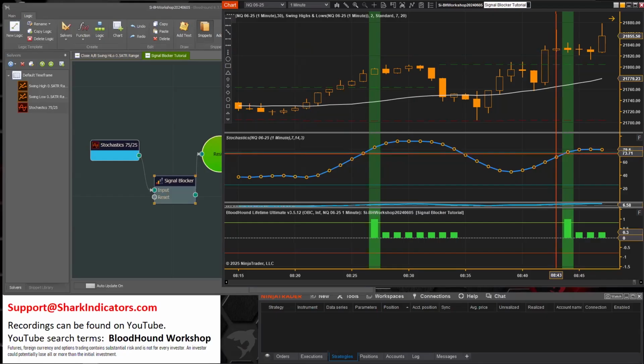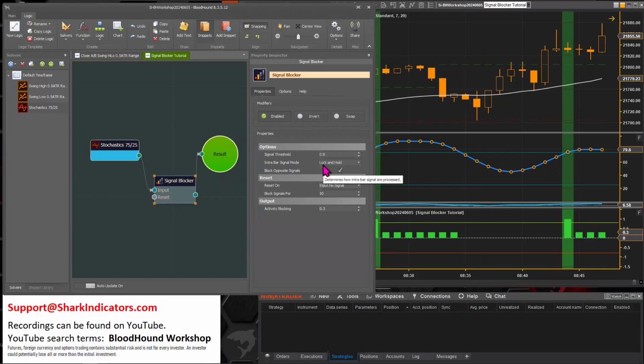You're not looking at your indicators based on where they were when those wicks were being formed. So again, that's what lock and hold will do. It would have locked onto a long signal here as the stochastics got pushed up there. Right. Next one.